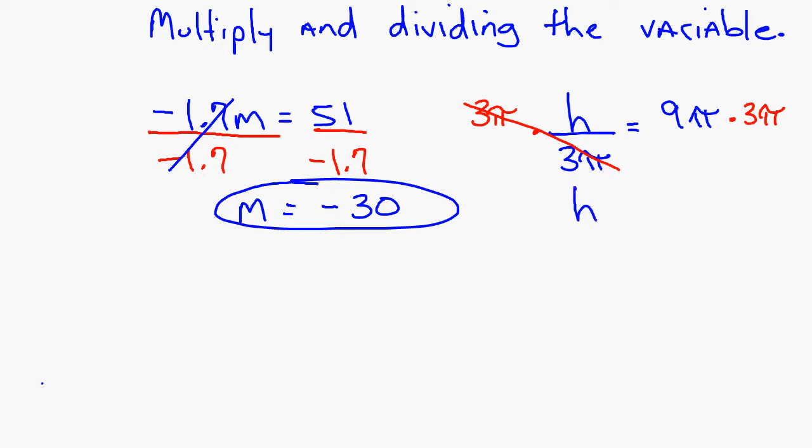So in this case, h is going to be equal to 9 pi times 3 pi. And really it's 27 pi squared, because pi times pi would be pi squared, and 9 times 3 would be 27.